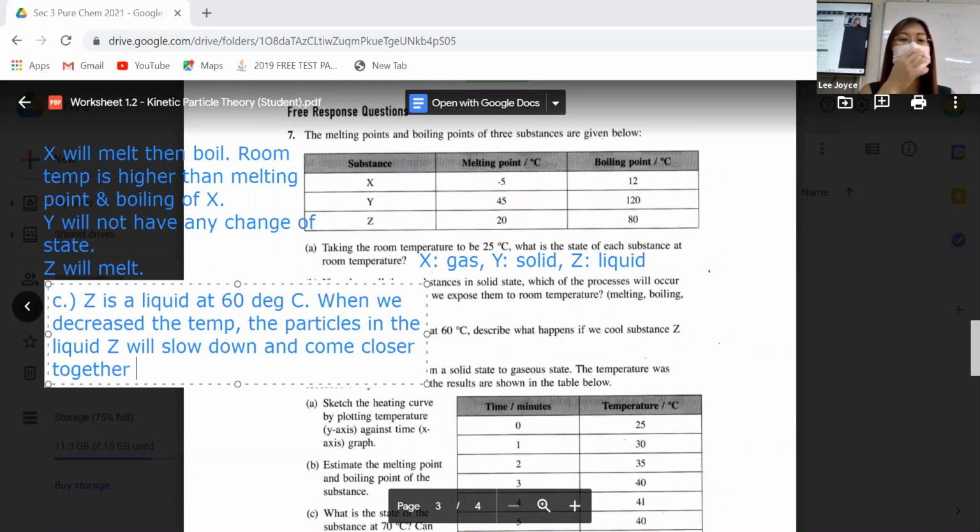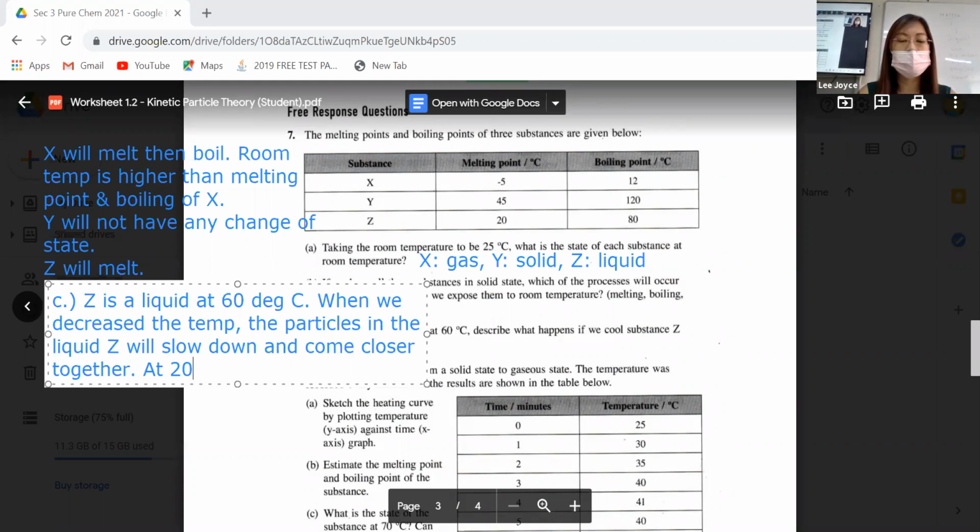Now, slow down means that the liquid Z is actually losing its energy, right? Losing the energy. So they come closer together. Then this will happen until it hits 20 degrees Celsius. Make sense or not? All right.